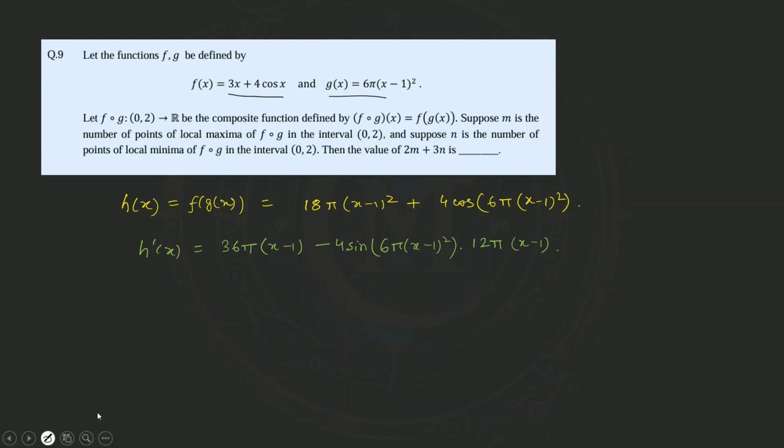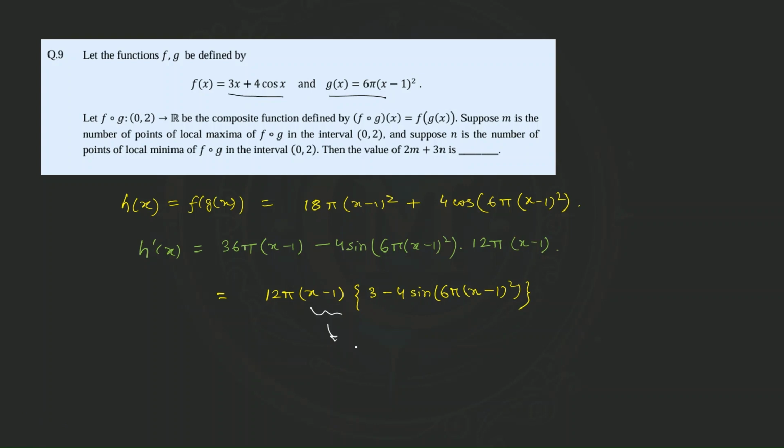So we can write this, if we take 12 pi into (x minus 1) as common, we get 12 pi into (x minus 1) times 3 minus 4 sine of 6 pi (x minus 1) whole square. Now we know exactly the critical points.